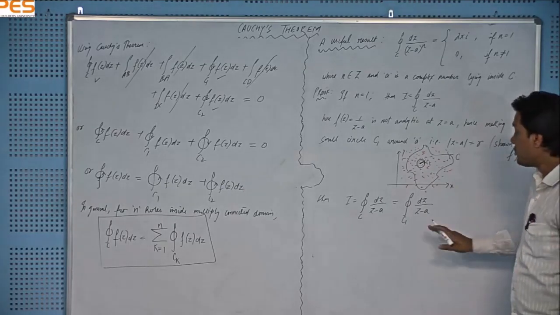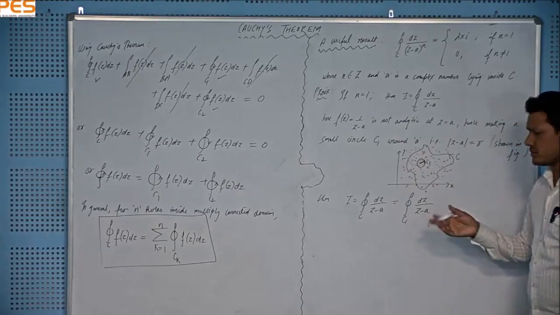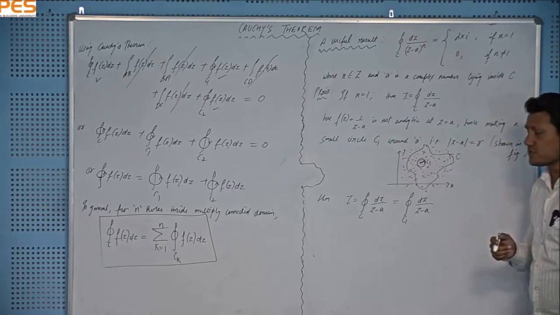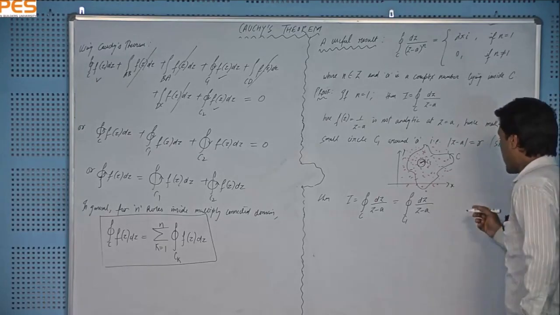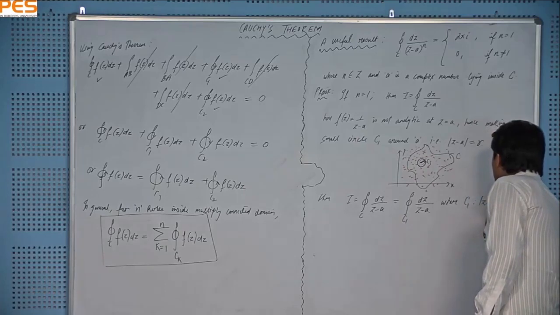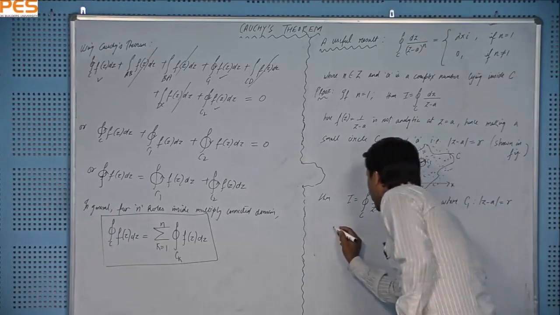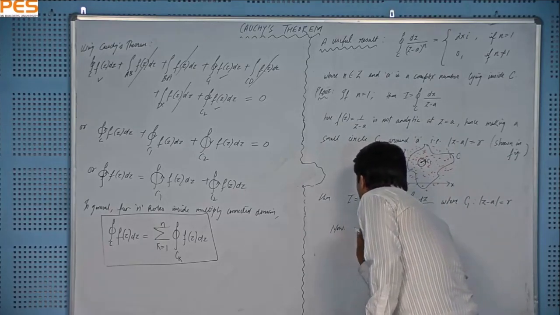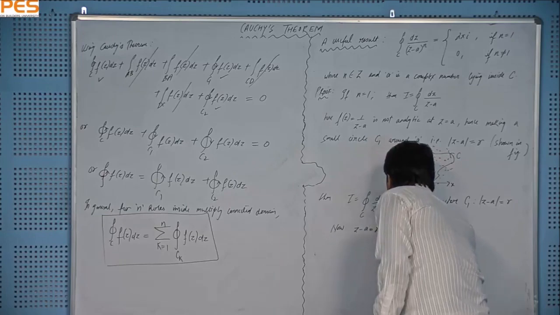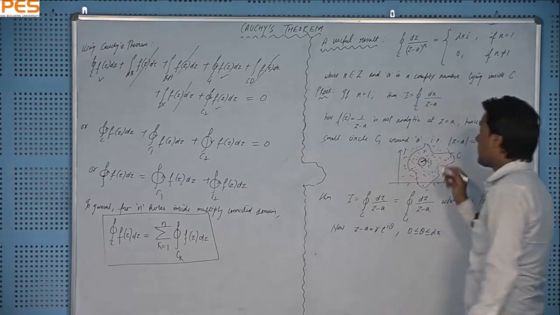Fine. Now after using this theorem, I will integrate this by using the normal techniques of integration which we discussed in our last video, and that is the parametrization, where C1 is mod z minus a equal to small r, right? And to parameterize this circle, z minus a equal to r times e to the power i theta, where theta changes from 0 to 2 pi because it is a complete circle.